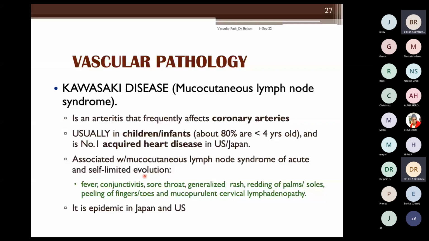Acquired heart disease, not in general. So it's associated with cutaneous lymph node syndrome and acute and self-limited evolution. So self-limited evolution, when they say a disease is of self-limited evolution, nukuvuga ko ishobora iraza ikabaho ngaho signs and symptoms will disappear without any other treatment.